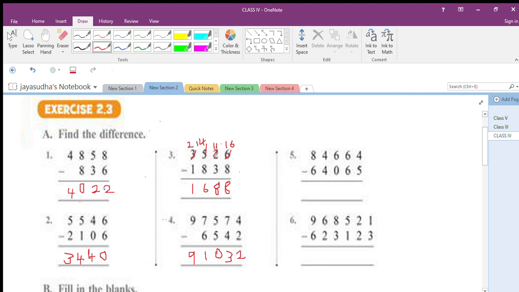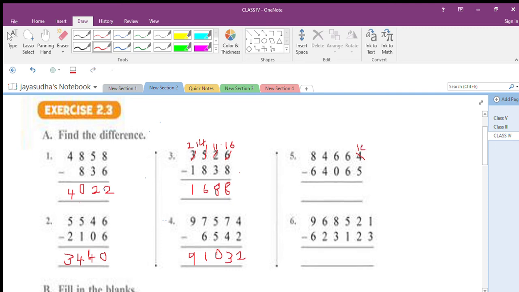Listen, 4, here 5. So you can't do 4 minus 5. So what do you do? You have to borrow from your next column. This 4 will be 14. So you give one borrow to the next column.